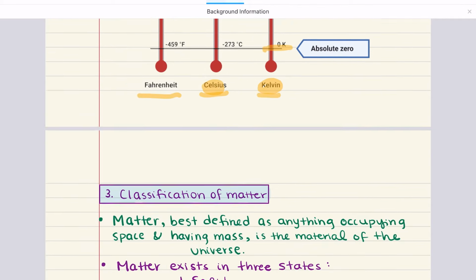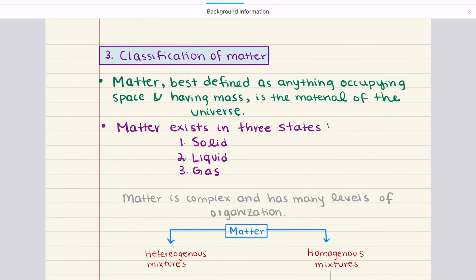Now, the next thing we want to talk about is the classification of matter. Matter can be defined as anything that occupies space and has mass. And this is the fundamental material of the universe. Matter can exist in 3 primary states: solid, liquid, and gas. And we can argue plasma, but we don't need to talk about that right now.